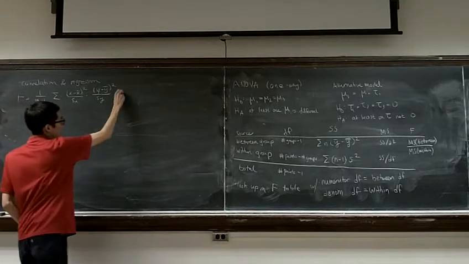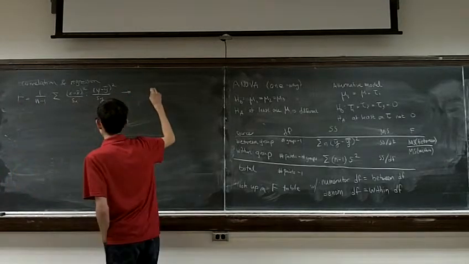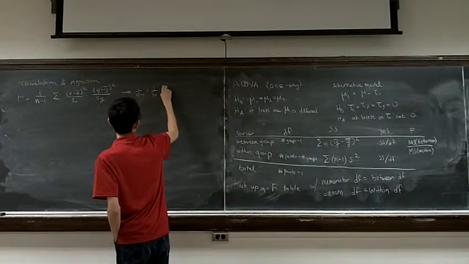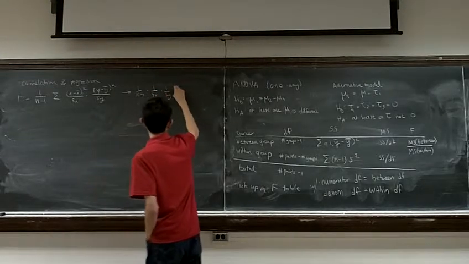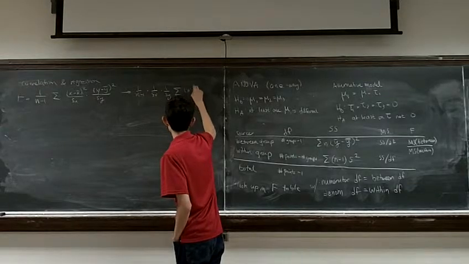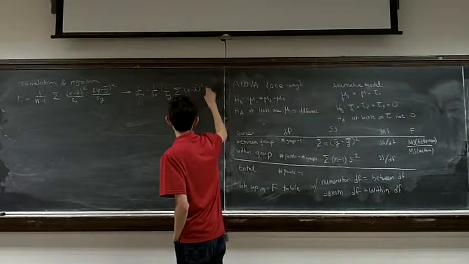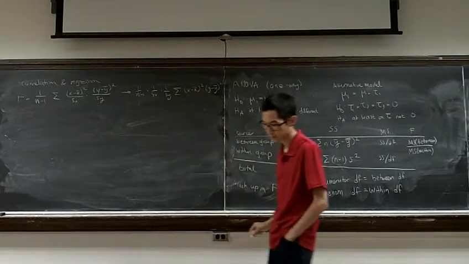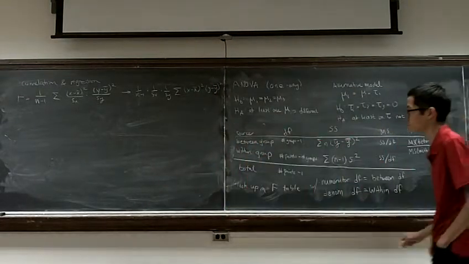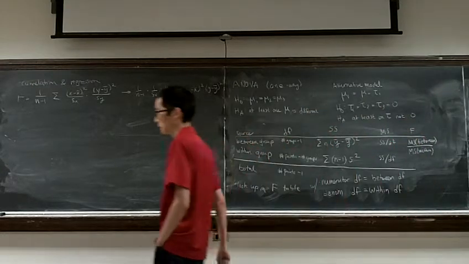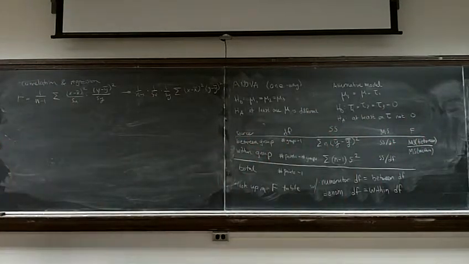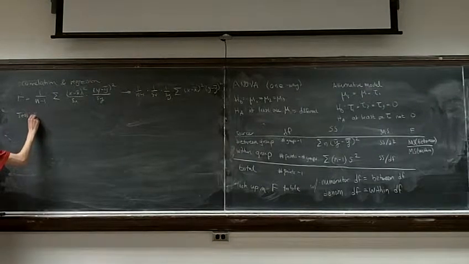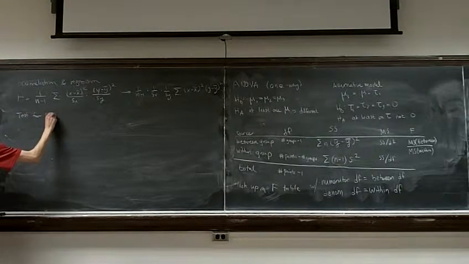You can factor out the s of x and s of y and just do the x minus x bar times y minus y bar. So that's correlation.